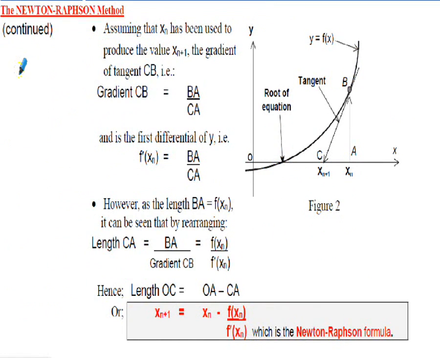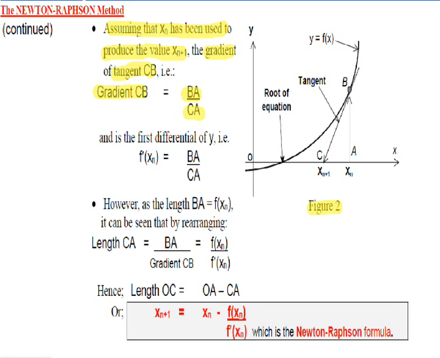Newton-Raphson method continued. Here is figure 2. Assuming that xn has been used to produce the value x(n+1), the gradient of tangent CB, shown in figure 2, can be defined as: gradient CB is equal to BA divided by CA.